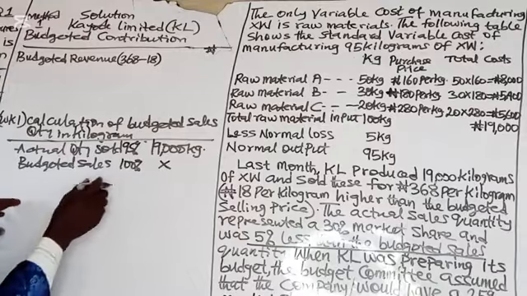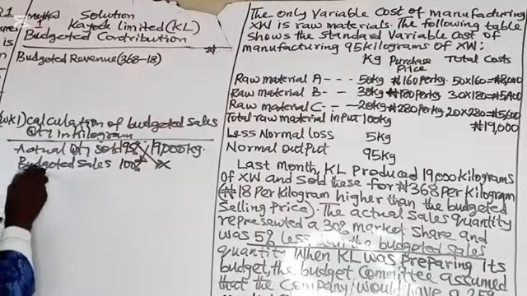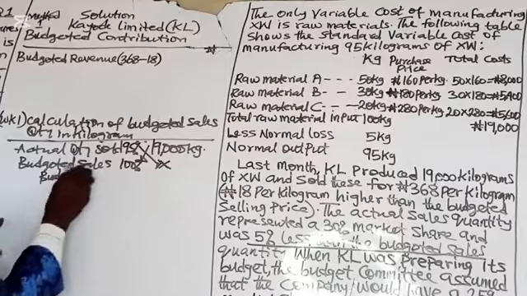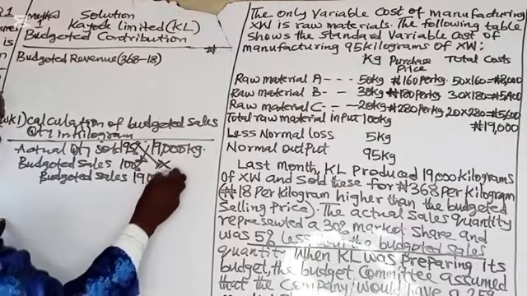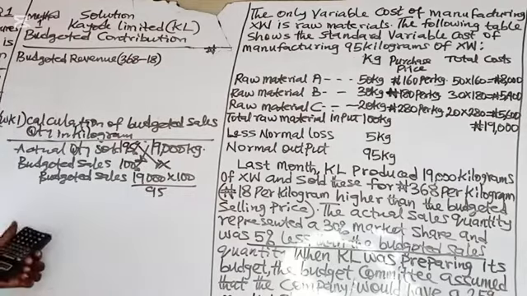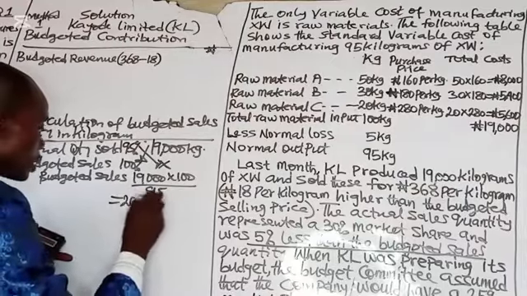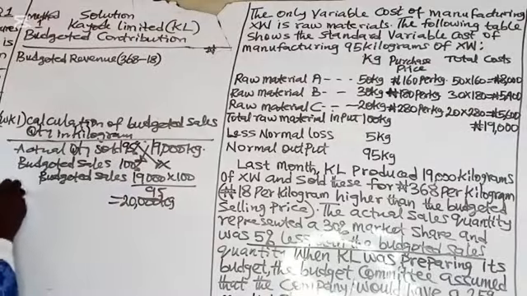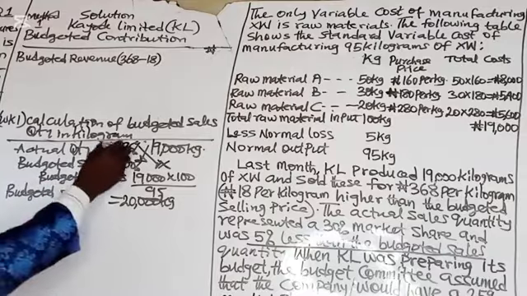So budgeted sales, if you cross multiply, is 19,000 times 100 divided by 95. That gives us 20,000 kilograms. That is the budgeted sales quantity.